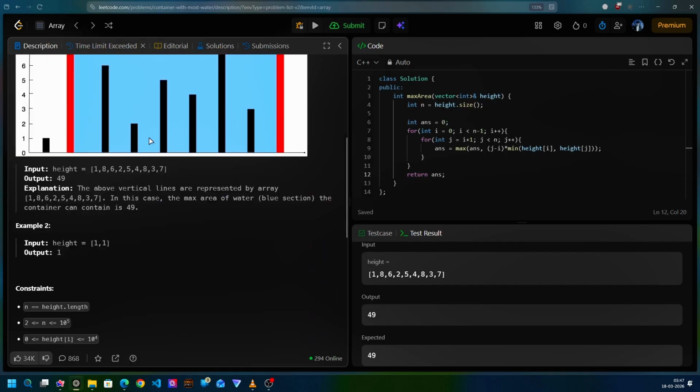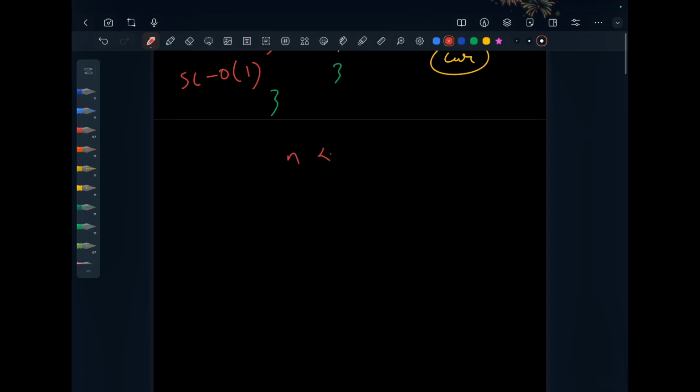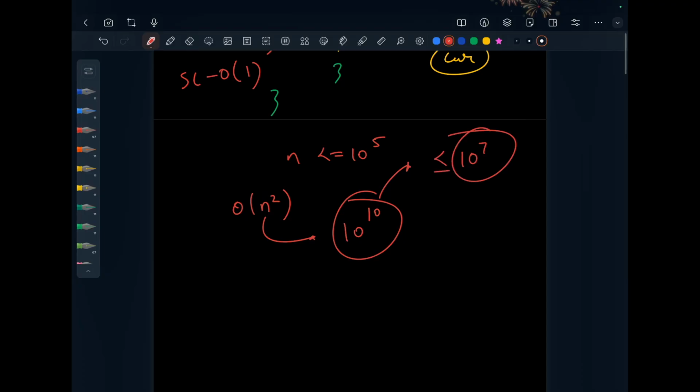Our time complexity is n square, right? And they have given n less than 10 to the power 5. That means there are 10 to the power 5 inputs, and we have written our code in n square. If you put in the value, n square will become 10 to the power 10. But when we calculate time complexity, we have to consider that our code should not exceed 10 to the power 7.